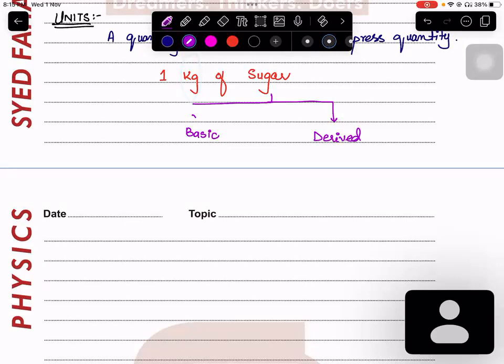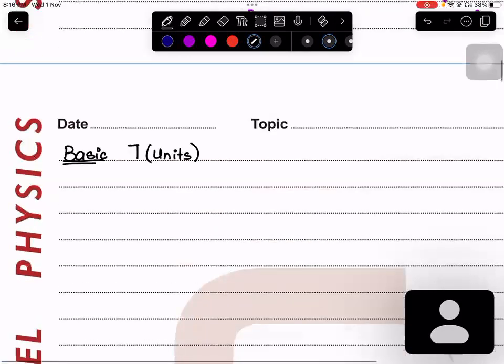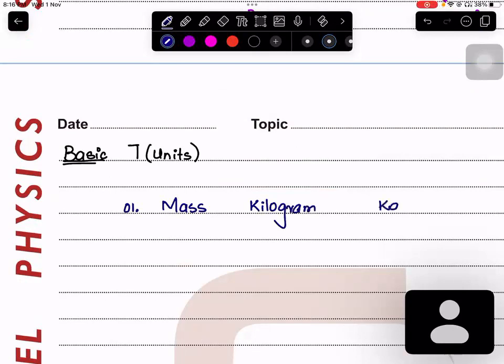Now, the first set of units of quantities which were fixed in 1960 are known as basic quantities. The quantities are number one, mass, kilogram. The symbol of kilogram is capital K, small g.